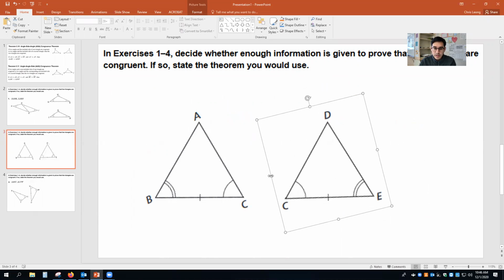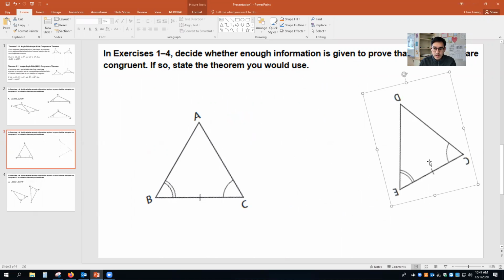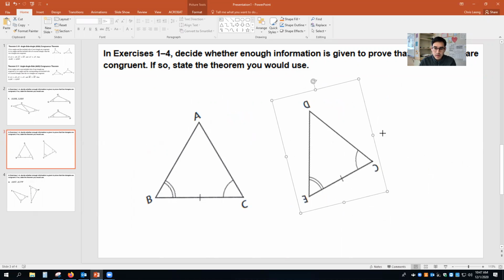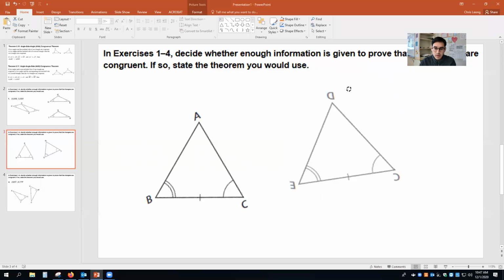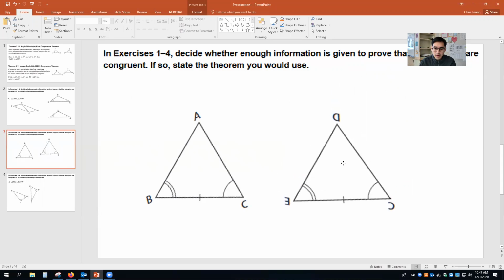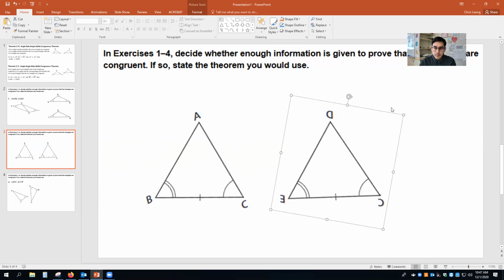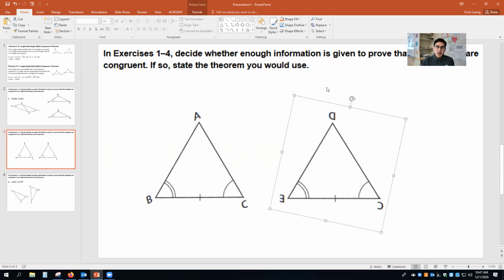So I'm going to do a reflection of that one. That's about as good as I can get it. So we took the two triangles, cut them out, separated them, and then rotated and reflected them so that they're in the same orientation. Now let's take a look at the pattern in the markings.